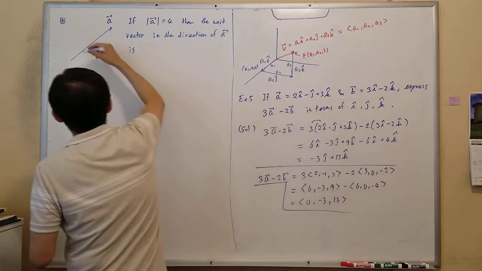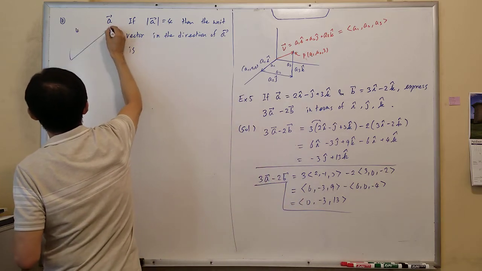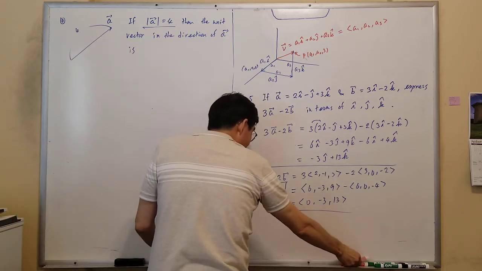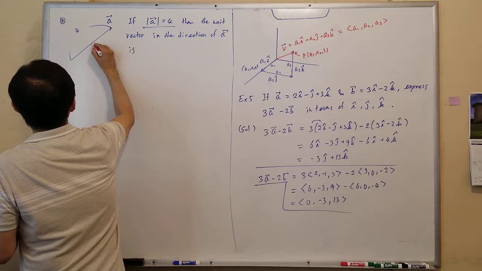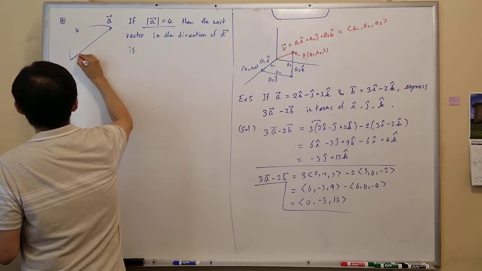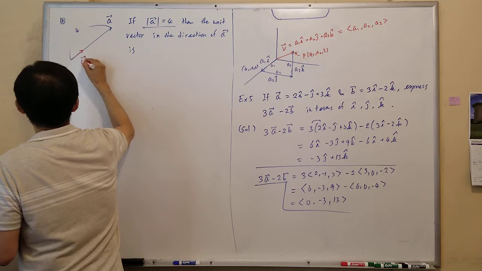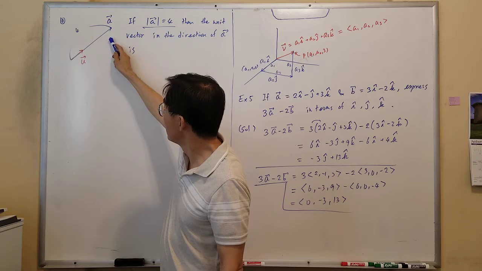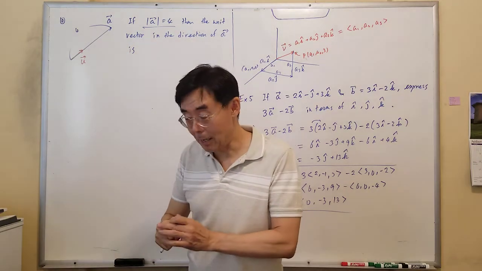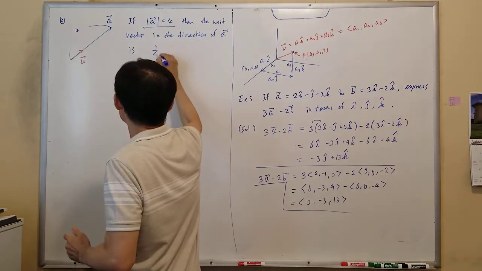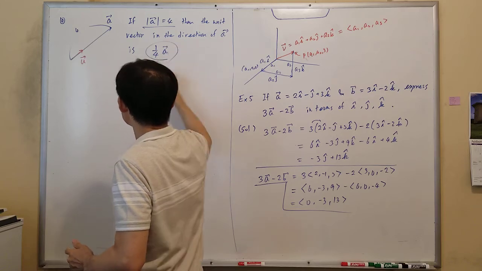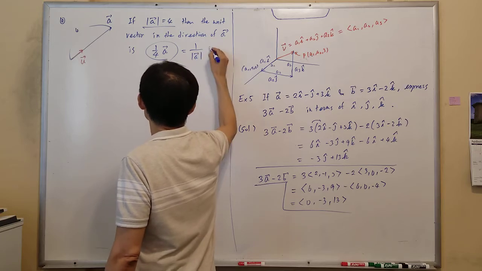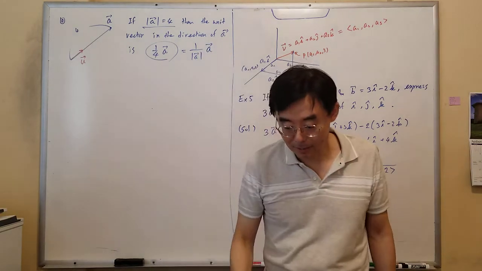So this is length 4. Same direction as A, but length 1 should be 1/4 size, isn't it? Let's say I'm going to use U. So 1/4 of A, same direction. So in that case, it should be just 1/4 times vector A. Or you can write it as 1/magnitude of A times A, isn't it?